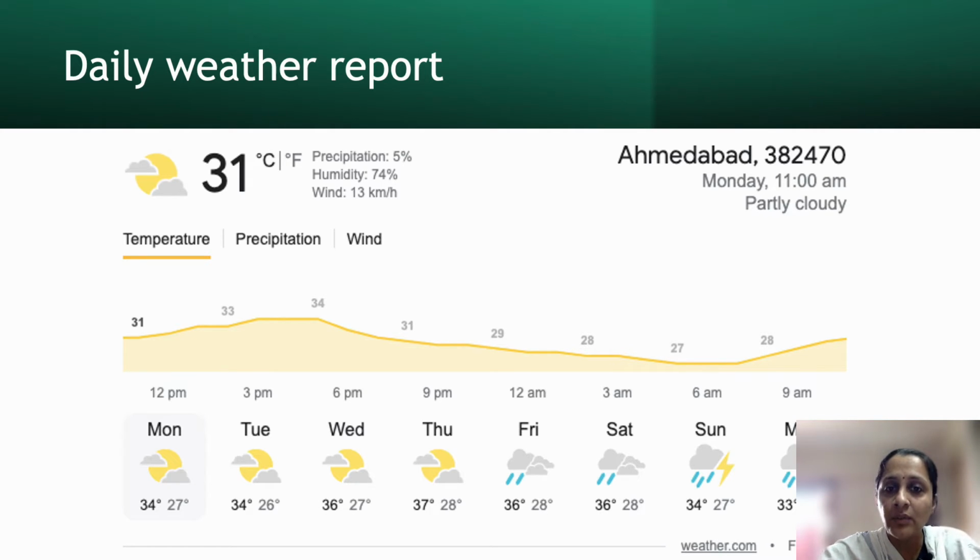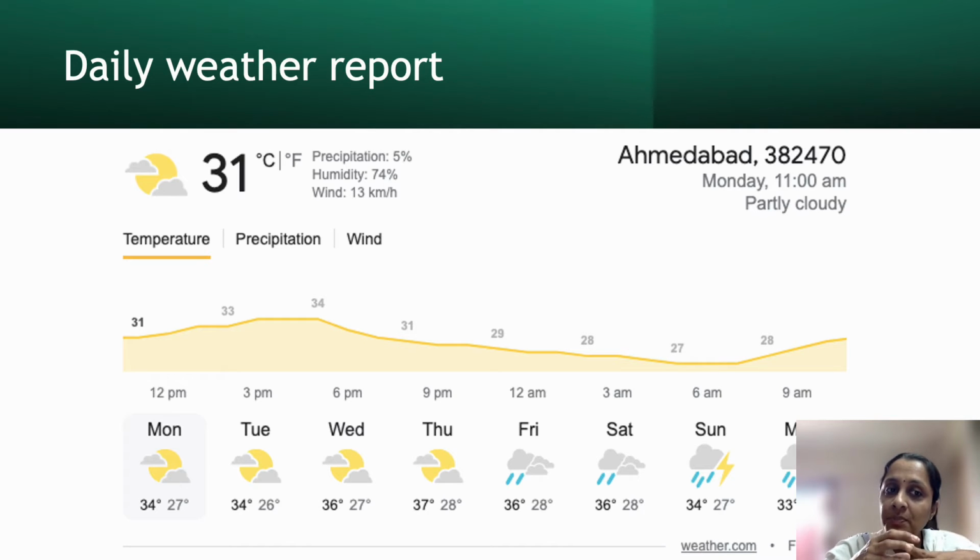Now if you see down, there is also a graph which shows the weather for the entire week and how it is going to be, and then it can be predicted for the entire month also. So according to today's weather condition and the satellite images, the meteorologist or the hydrologist can predict the weather of a particular place for the entire week. If you see Monday, and according to the time also, it is going to show you what it will be.